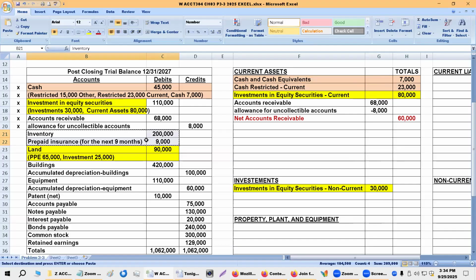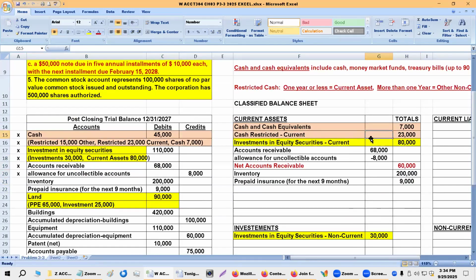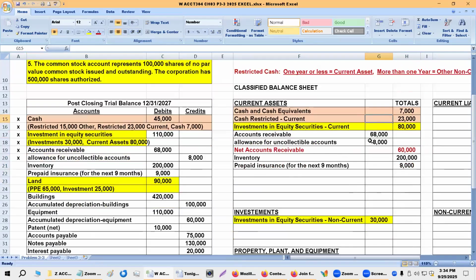And prepaid is too, as long as it's within the next year. Make sure I did this right so far. Okay. All right.